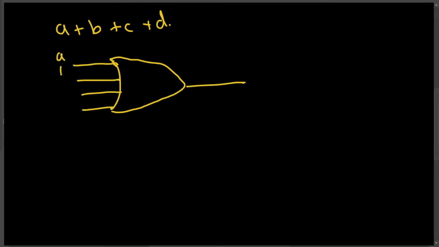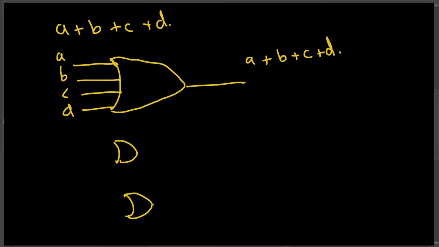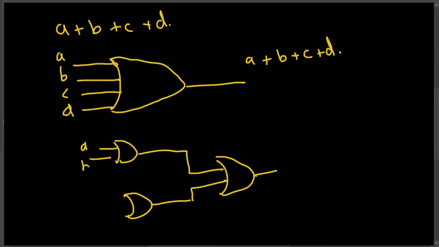So if we input a, b, c, d, that gives the output a plus b plus c plus d. We can also express this in terms of 2 input OR gates by doing it like this: we put a and b here, and c and d here, and the final answer is going to be a plus b plus c plus d again.